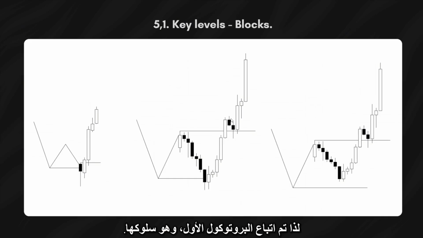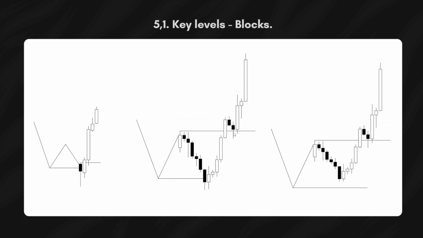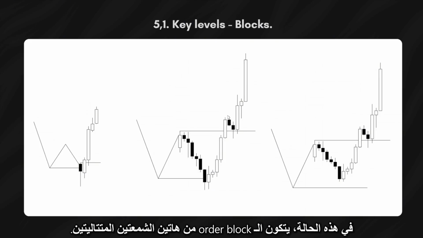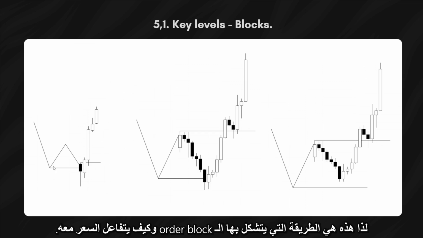So the first protocol is followed, which is its behavior, and the second protocol is its engulfing behavior, which is that these two candles, the two candles that had a specific behavior, got engulfed, and that in turn led to the formation of this order block. In this case, the order block is made up of these two consecutive candles. So that is how an order block is formed and how price interacts with them.